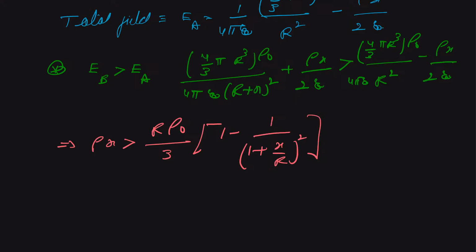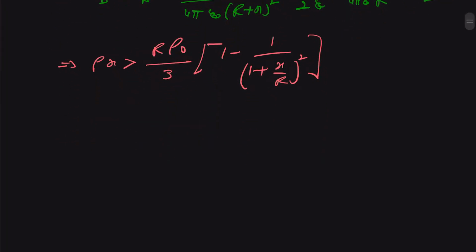Now we are going to use the approximation that is given in the question. It says that our x is very much less than our r. Okay. For that we are going to use this expression. So let us assume that our term is epsilon, that is x upon r, which is very much less than 1.